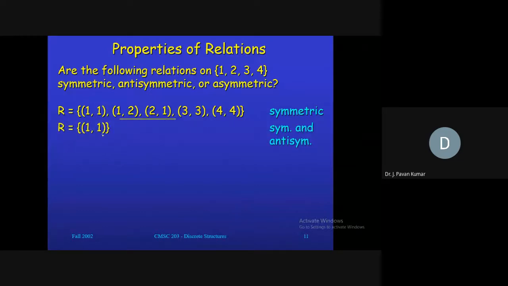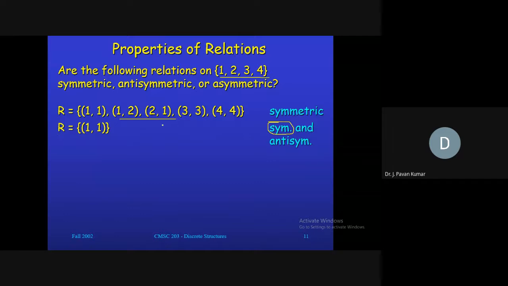Next, let us consider this. R is equal to 1 comma 1. Is this symmetric? For all the A belongs to A, it is not symmetric. It is wrongly given. Only 1 comma 1 is part of the relation.